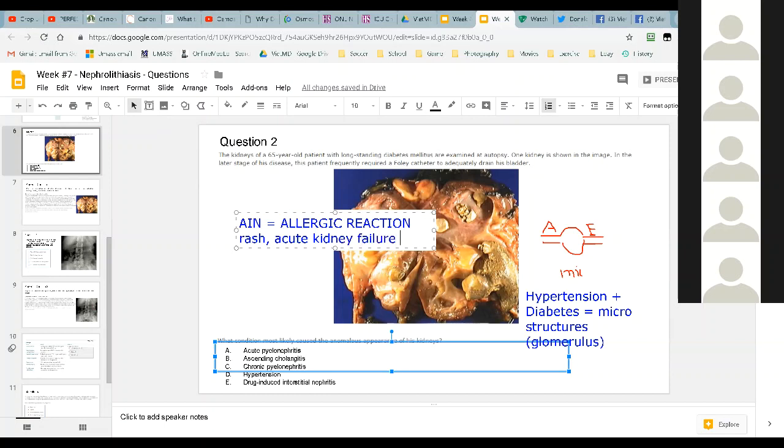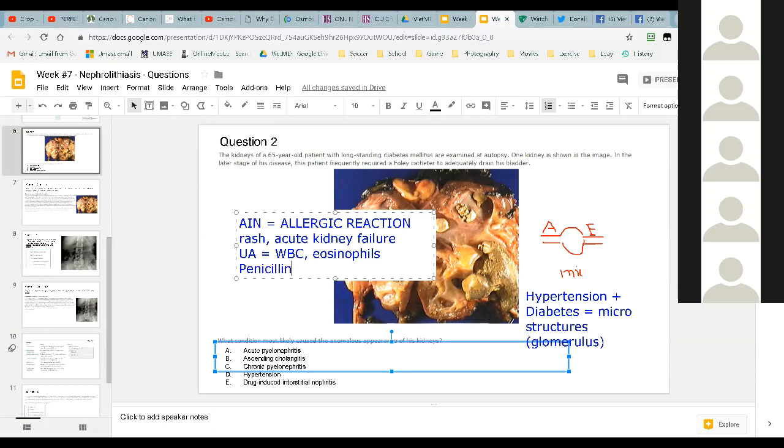And then when you do a UA, you will see white blood cells, and you also see eosinophils, but no bacteria. So absolutely, you have to see eosinophils and white blood cells to call it acute interstitial nephritis. And like you say, drugs like penicillin can cause it.